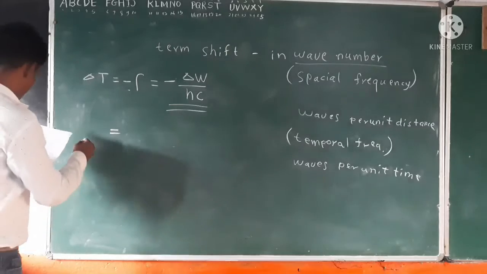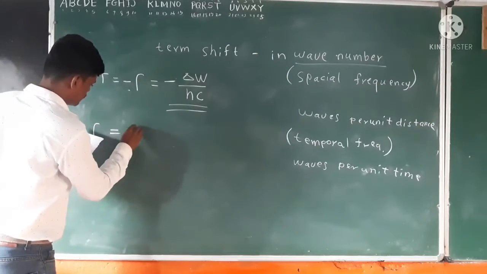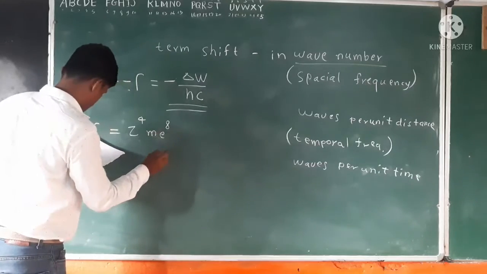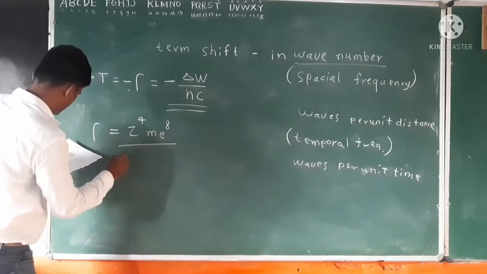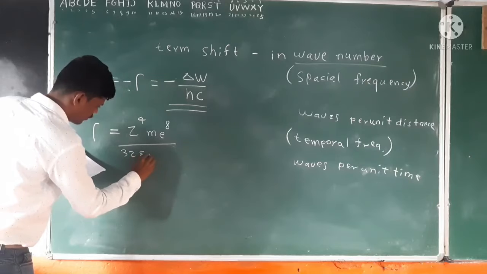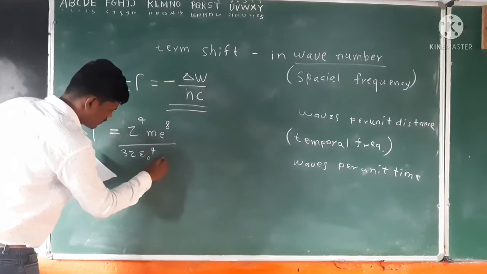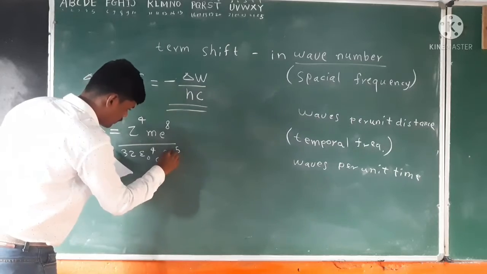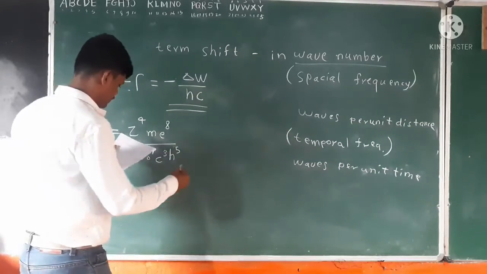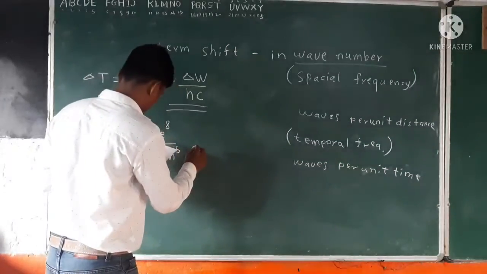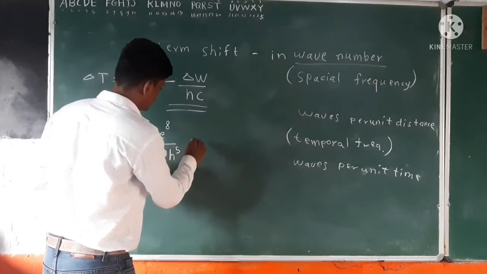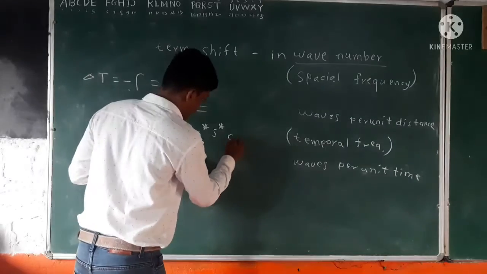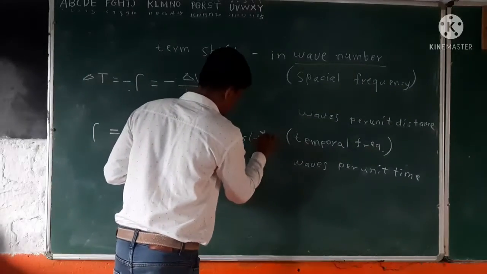I will write directly: Z to the power 4, m, e to the power 8, divided by 32 epsilon naught to the power 4, c cubed, h to the power 5, h Planck's constant, L star, cos L star S star.